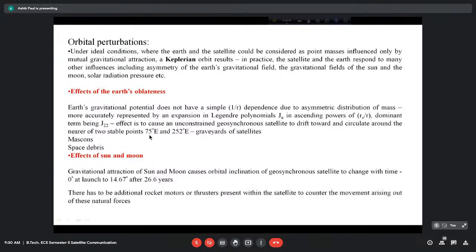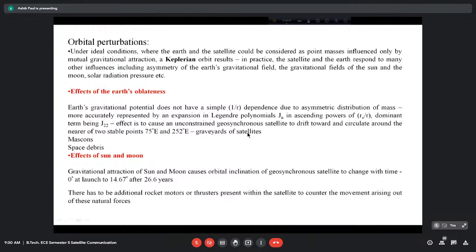Okay, these are terms which may be new to you, mascons. So as a result of this, the gravitational potential of Earth does not have a simple 1 by r dependence, but rather it is represented in a series expansion of Legendre polynomials in ascending powers of Re by r.